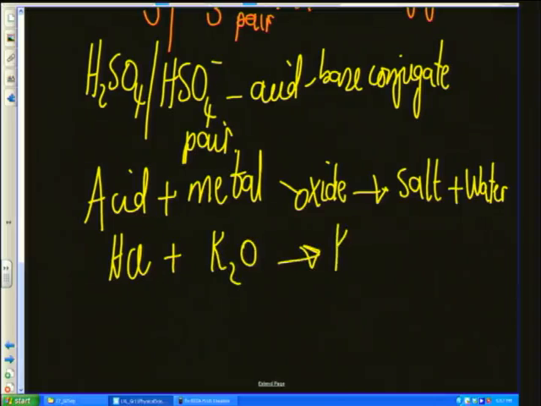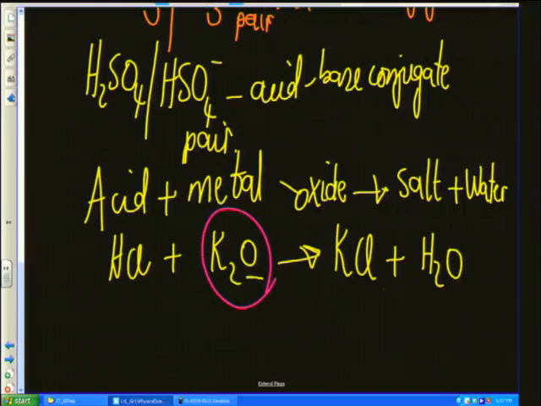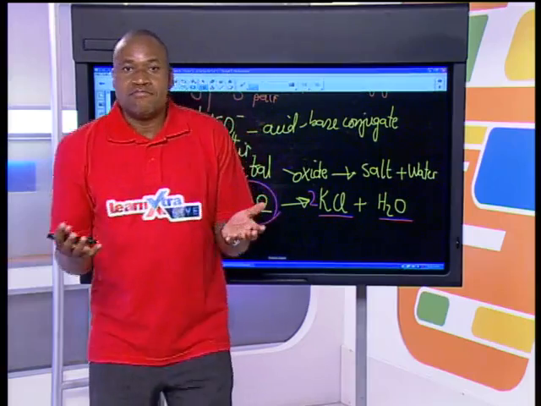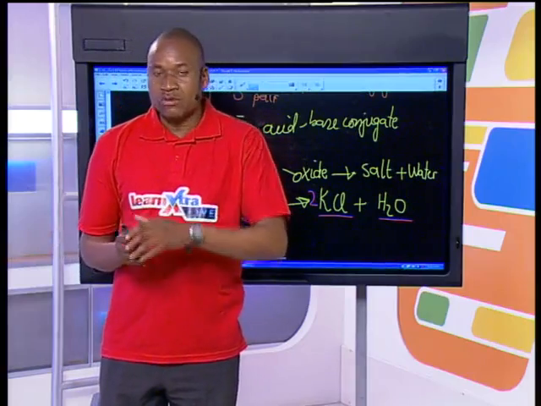I would produce potassium chloride plus what? Plus water. Okay, so if we have a metal oxide reacting with an acid, you produce a salt and water. Of course, you can go ahead and balance this equation here. You would see you would need a 2 there and a 2 there. All right, so that is how they react, and that's what you will get.